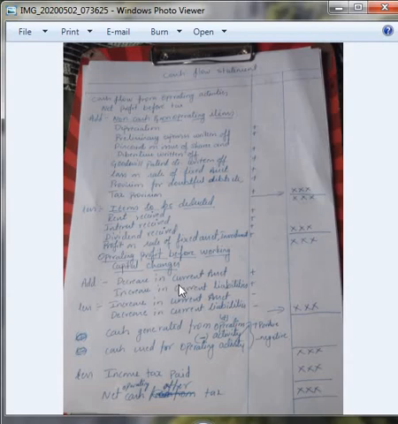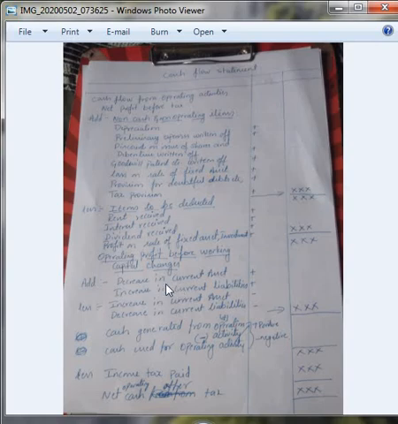Because when you purchase an asset, cash is going out. When you sell an asset, cash is coming in. In the same way, when you increase liability, that means you may take a loan or something like that, so cash is coming in. When you pay the loan, cash is going out.